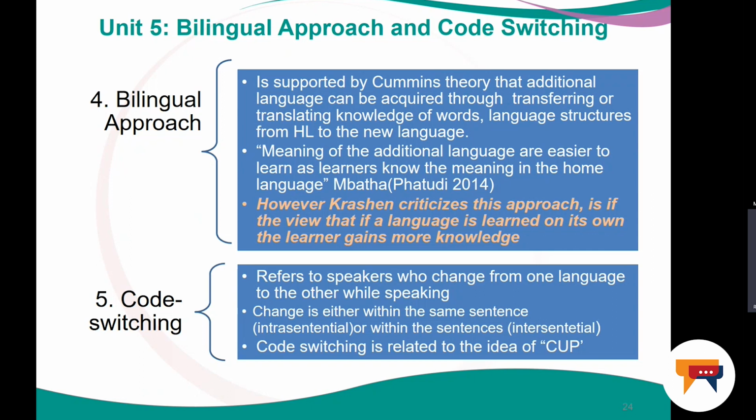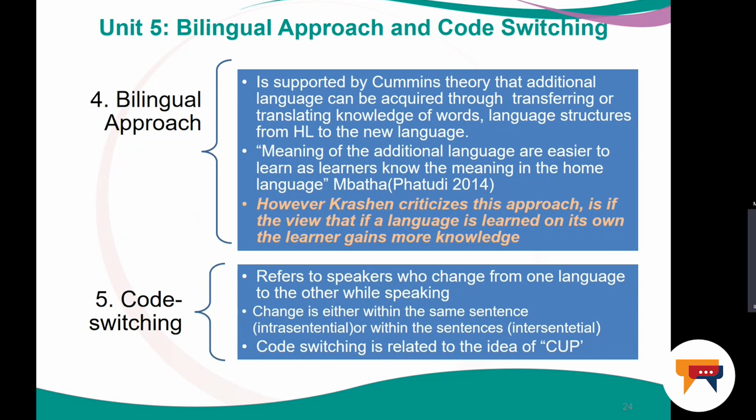He is of the view that if the language is learned on its own, the learner gains more knowledge. So bilingual, it's a second language, but Cummins supports that you can learn the second language by transferring and translating knowledge of words.